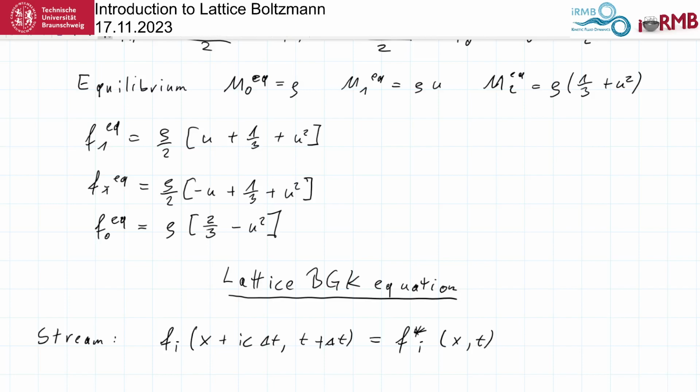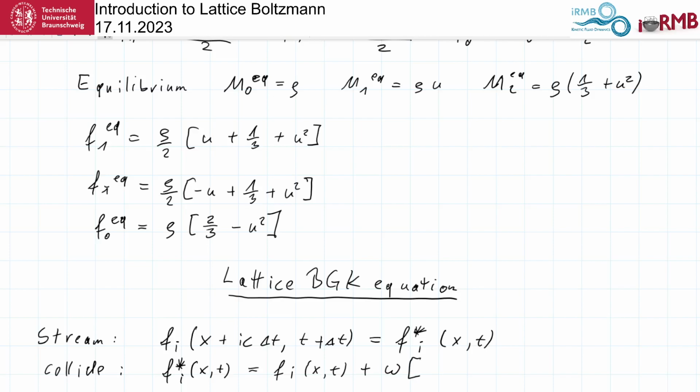So what does collision? Collide is giving the post-collision state, which is equal to the pre-collision state plus a relaxation frequency.